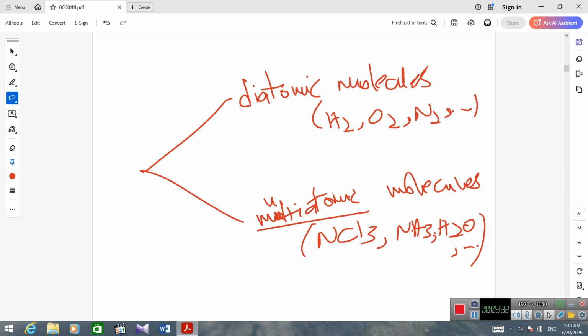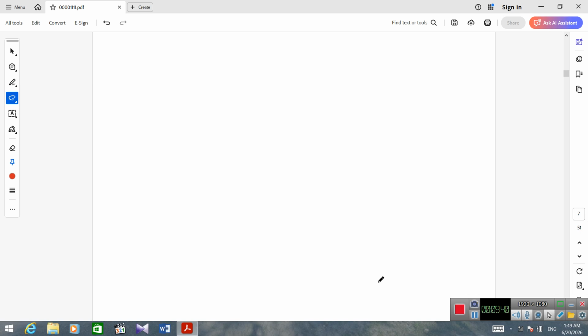Before everything, we must know about the electronic configuration of atoms in the periodic table. For example, hydrogen, the atomic number is 1 and the electronic configuration is 1s1, and it has only one electron in its valence shell.